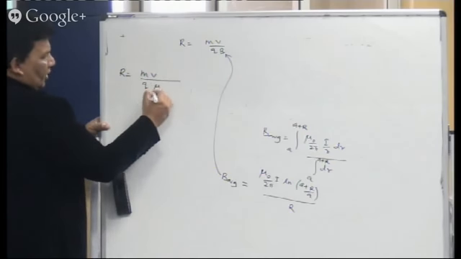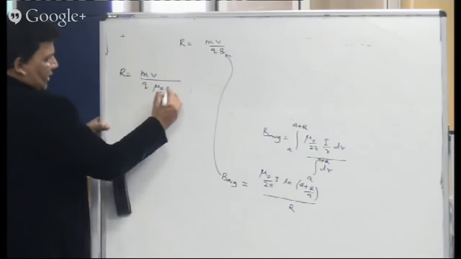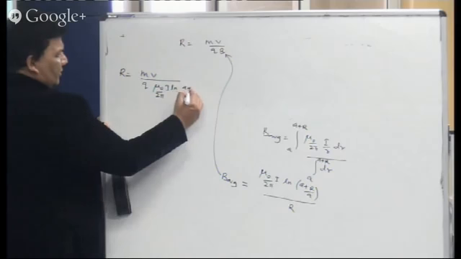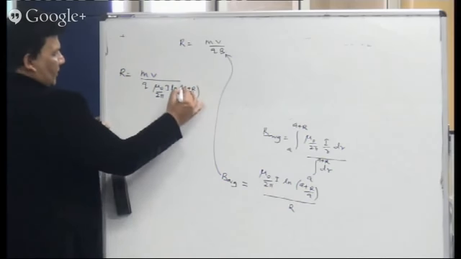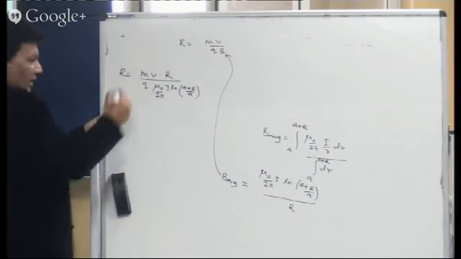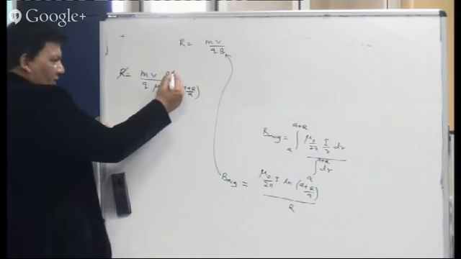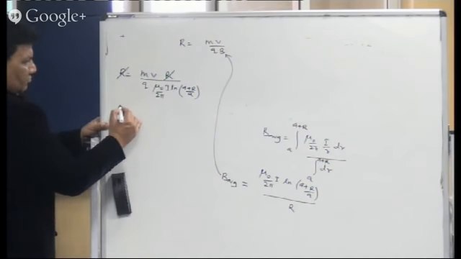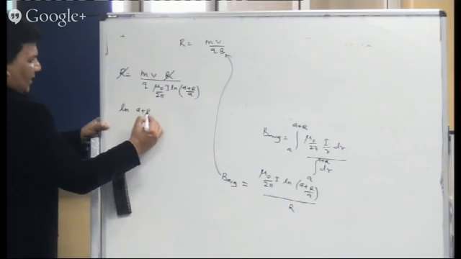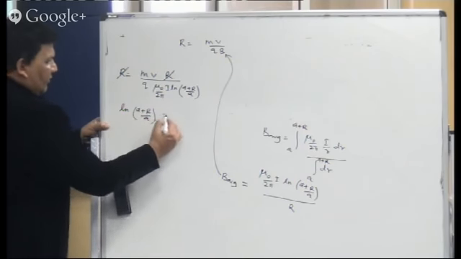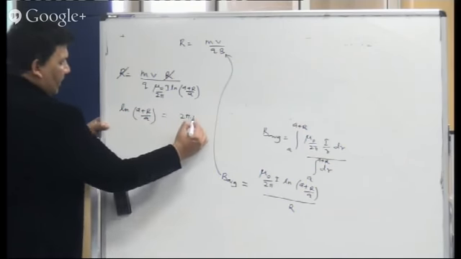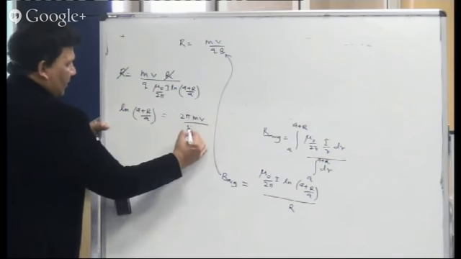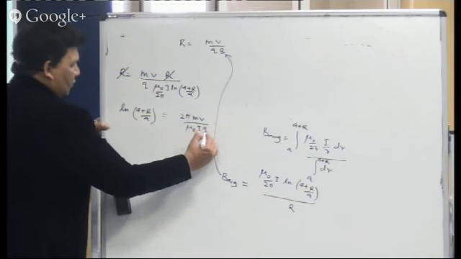Q mu naught by, okay, I ln... upon R goes with, what are we left with? मैं इसको इधर ले जाऊं पूरा, इसको ले जाता हूं, ln (A plus R) by A. This will be equal to 2 pi mv by mu naught I q.